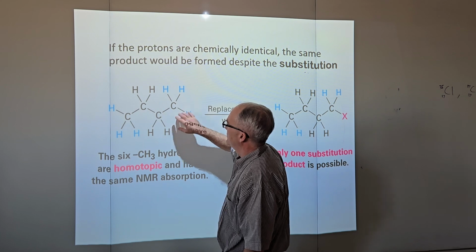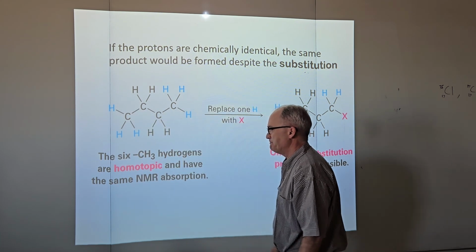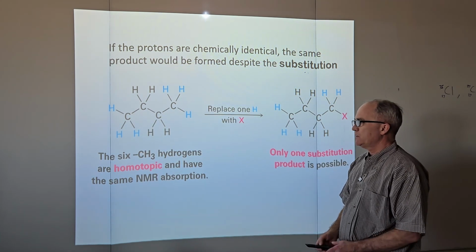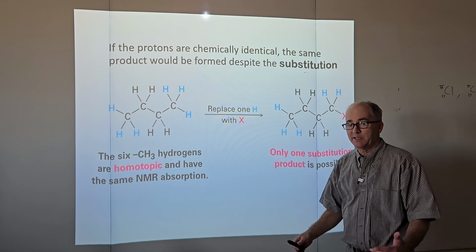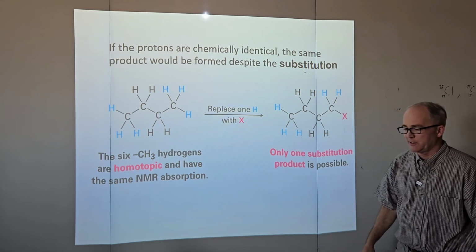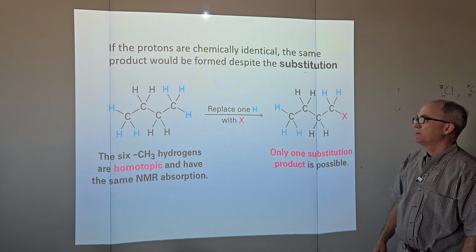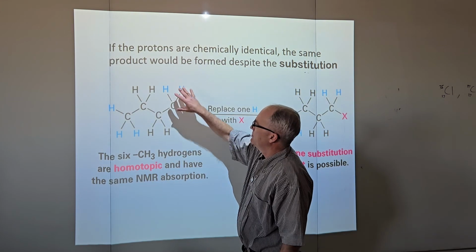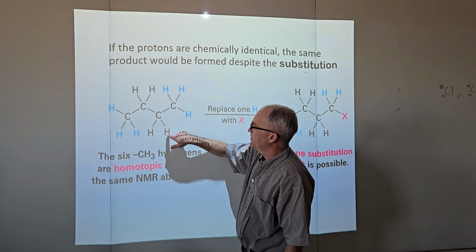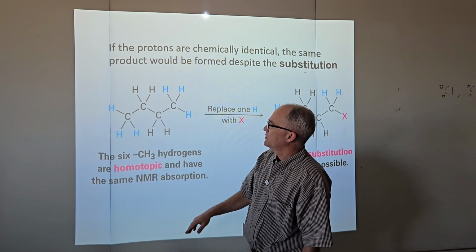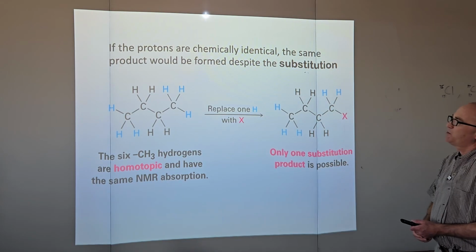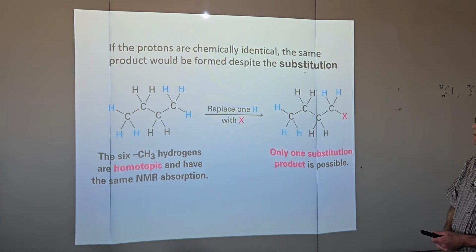When we look at the methyl protons, we say they are homotopic. That means they're in the same chemical environment and they give the same NMR absorption. And we said we get a triplet because they're split by 2 protons. If the protons are chemically identical, the same product would be formed despite the substitution.